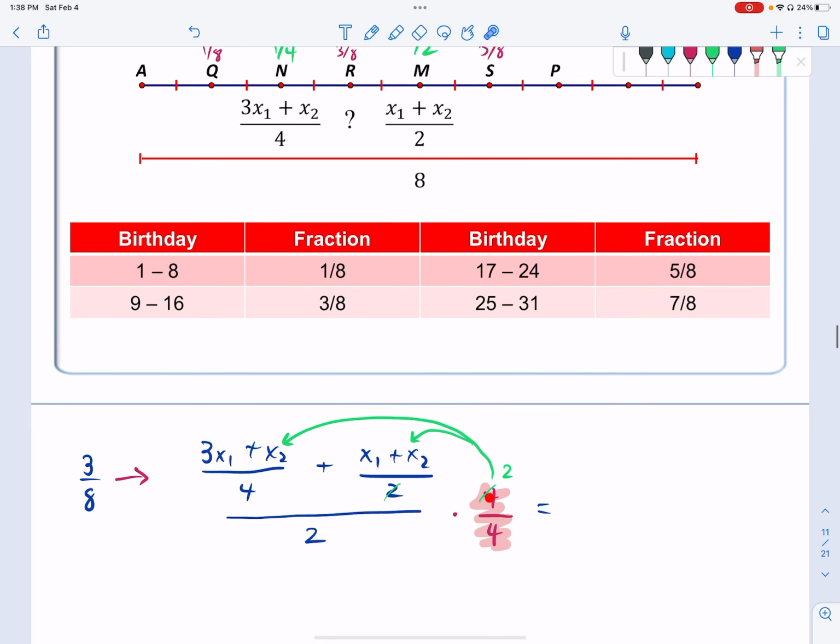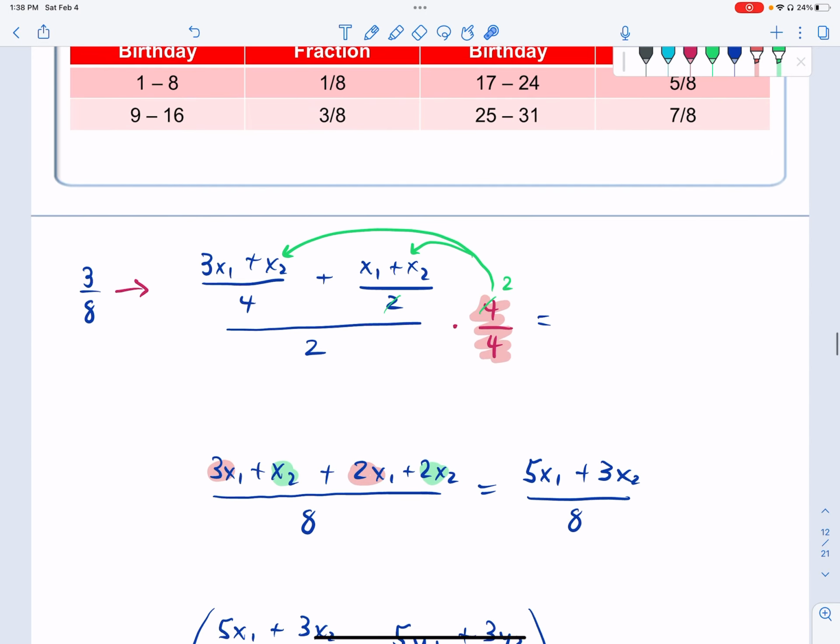When you multiply the 4 times the first fraction, the 4's cancel. When you multiply the 4 times the second fraction, this 2 divides into this 4, but it still leaves a factor of 2 left over. So let's see how that plays out. When you simplify the first part, it's just the numerator, which is 3x1s and 1x2.